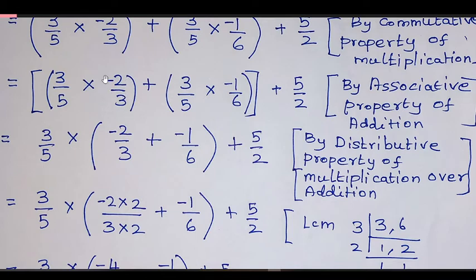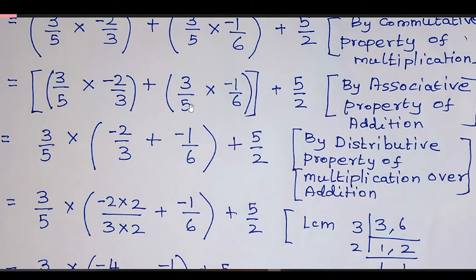So what is remaining in the first term? Nothing but minus 2 by 3. In the middle it is plus. Then here you have taken out this 3 by 5 into, so the remaining is minus 1 by 6. Now you can see 3 by 5 into minus 2 by 3 plus minus 1 by 6. If you distribute this, you get 3 by 5 into minus 2 by 3, plus 3 by 5 into minus 1 by 6.